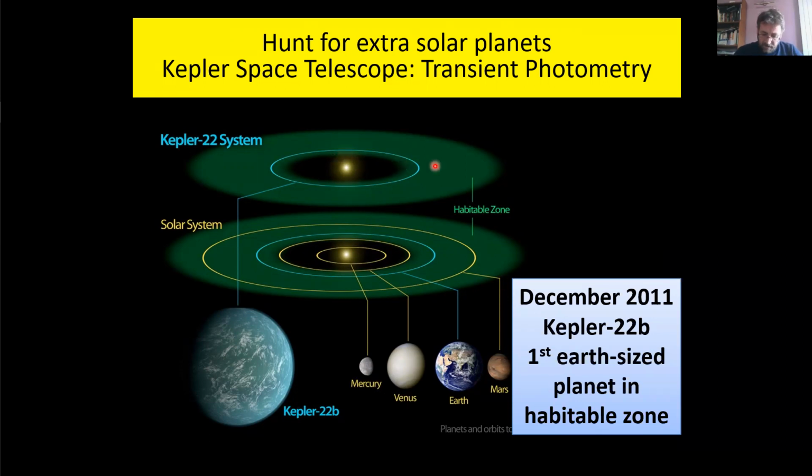So you see here in green always the habitable zone, which is of course strongly dependent on the distance from the star, the size of the star, and therefore the luminosity of the star, how much light is coming out. And here it was basically an Earth-like planet or super Earth, roughly two times the size of the Earth, found in the habitable zone.